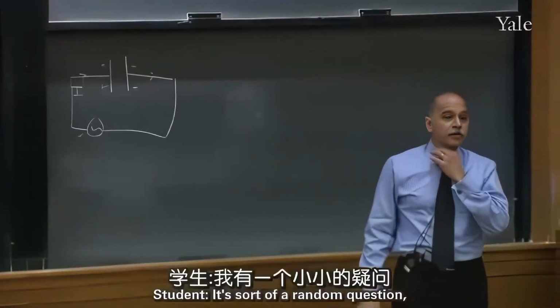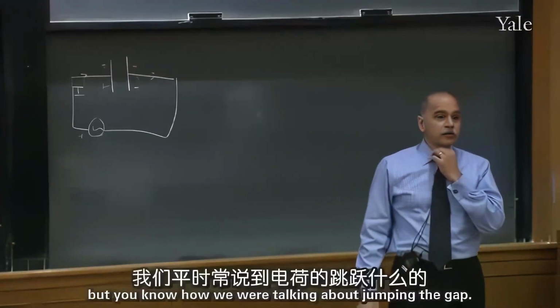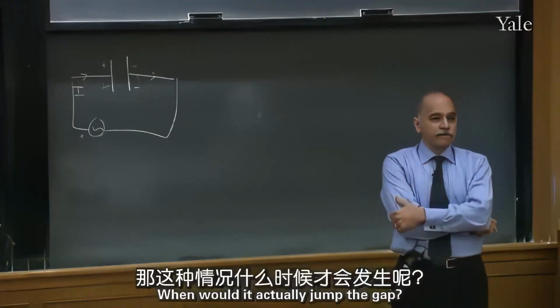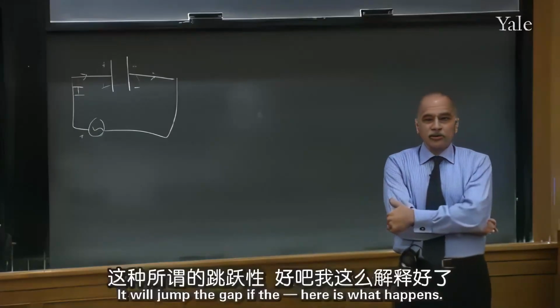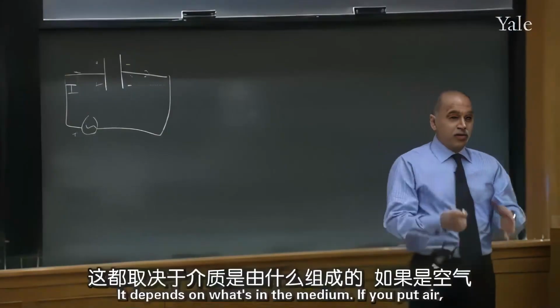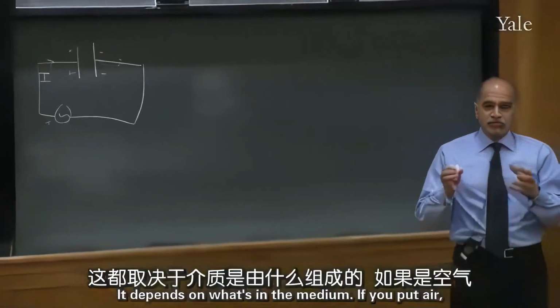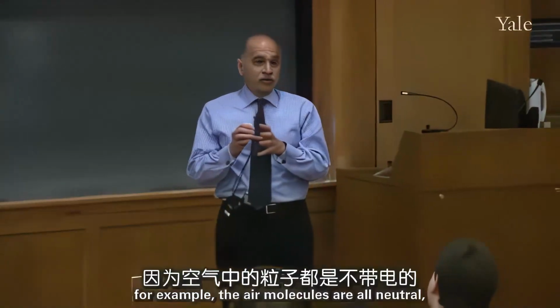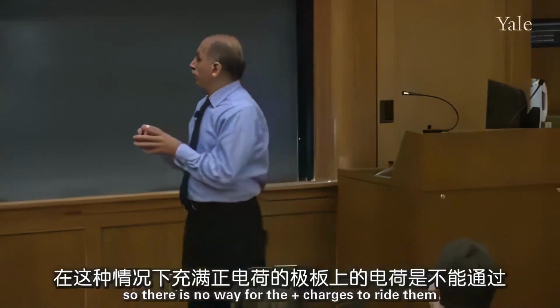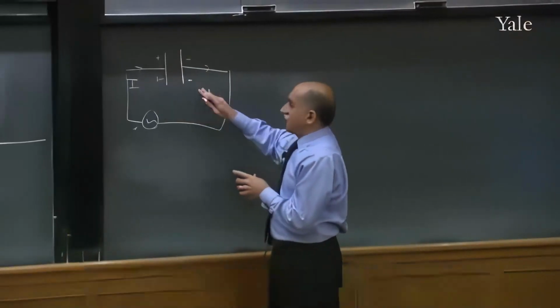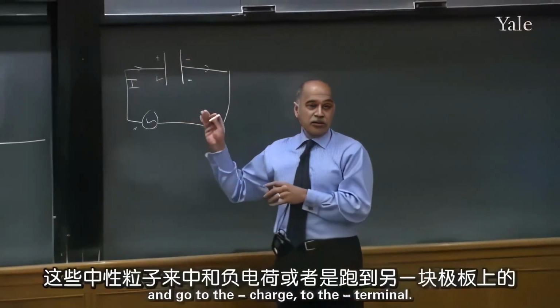It's sort of like a random question, but you know how we were talking about jumping the gap? When would it actually jump the gap? It'll jump the gap if, here's what happens, it depends on what's in the medium. If you put air, for example, the air molecules are all neutral, so there is no way for the plus charges to ride them and go to the minus terminal.